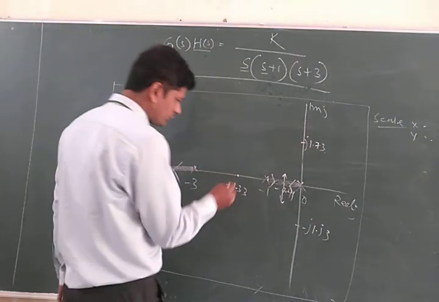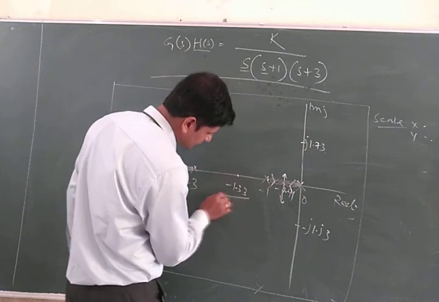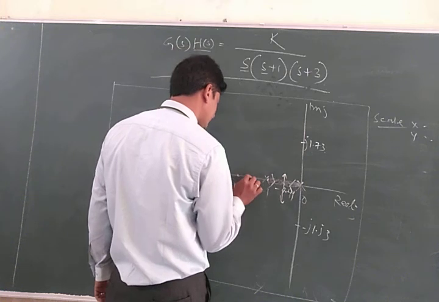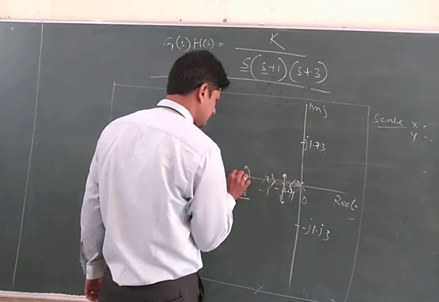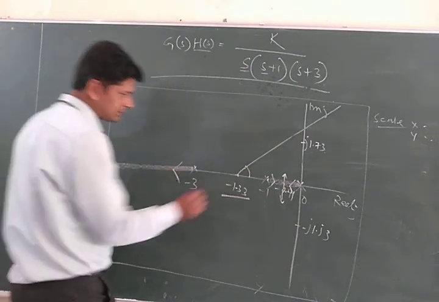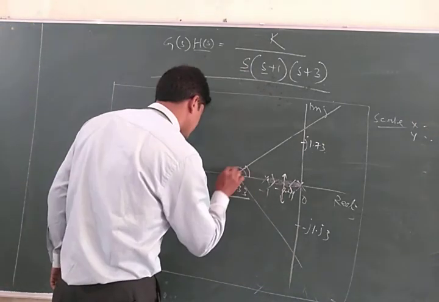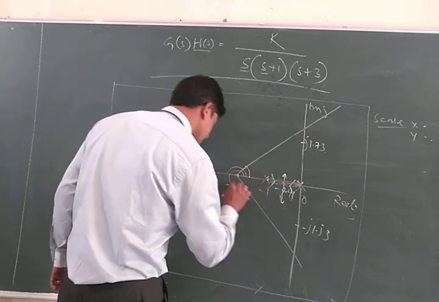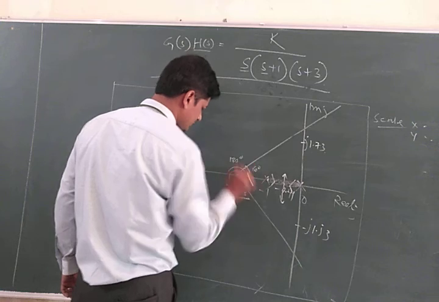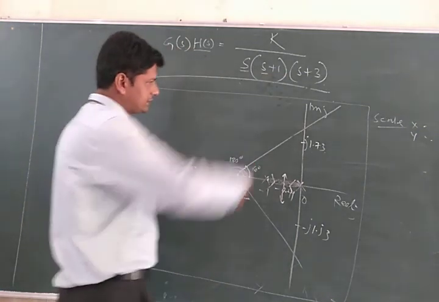For that, we have to draw the asymptotic lines from minus 1.33, the centroid. The angles are 60 degrees, 180 degrees along the real axis, and 300 degrees. We have to draw these lines.